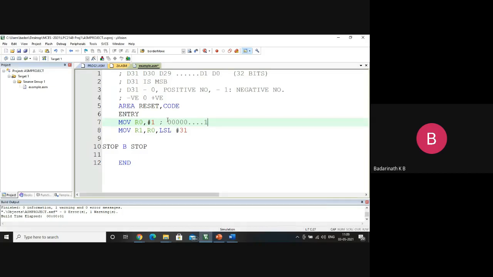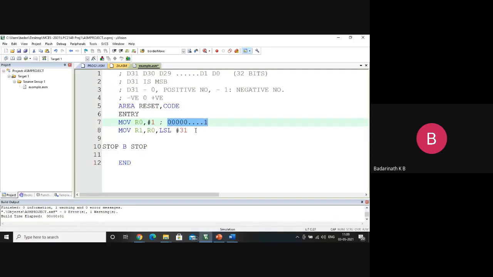So then this number R0, I am putting it to R1. Whenever I put this into R1, I am doing certain manipulation. Don't put R0 into R1. You shift the R0 number left by 31 times, and then put it here. Whenever I take this 32-bit number and shift it 31 times, the 1 will come to this position.